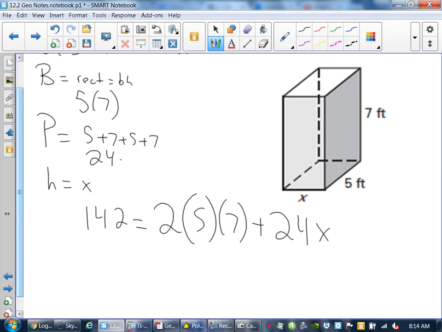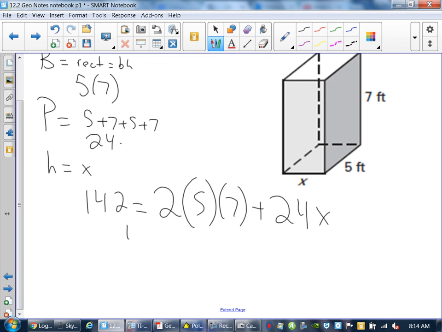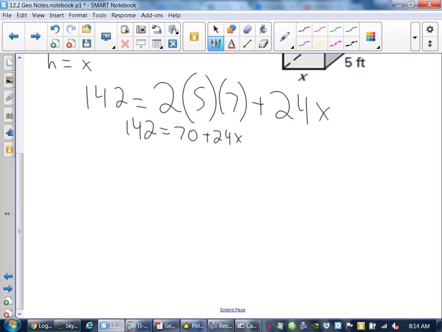When you look at that, 2 times 5 times 7 gives you 70. So we have 142 equals 70 plus 24x. Subtract the 70. Divide out, and you get a 3.